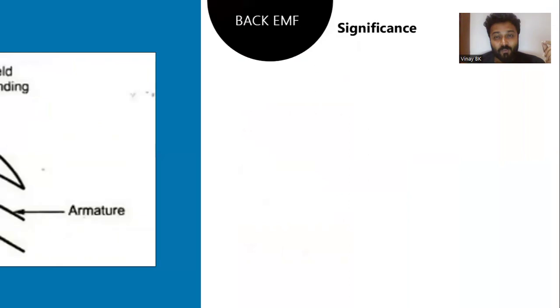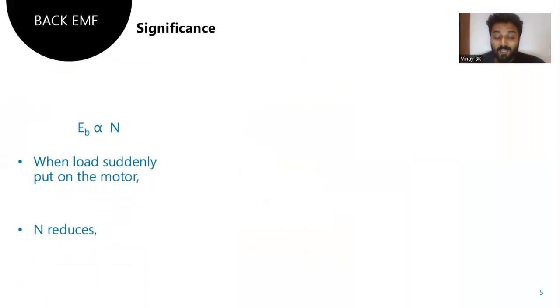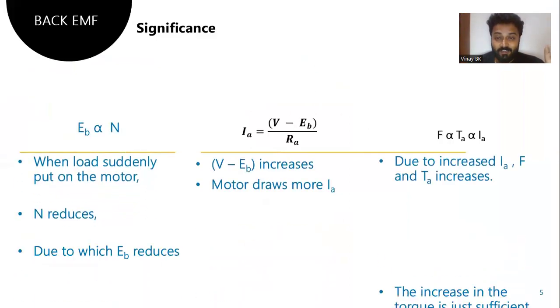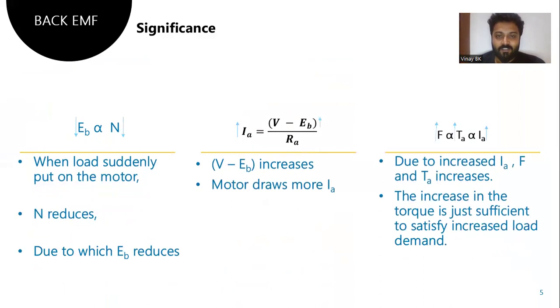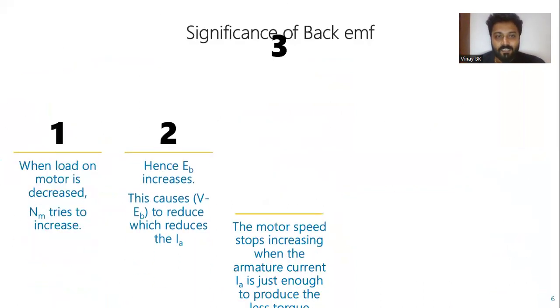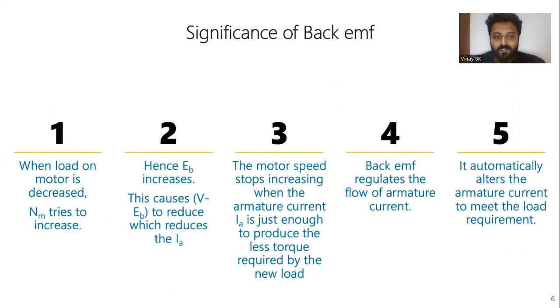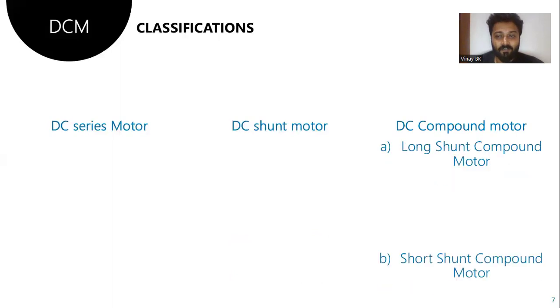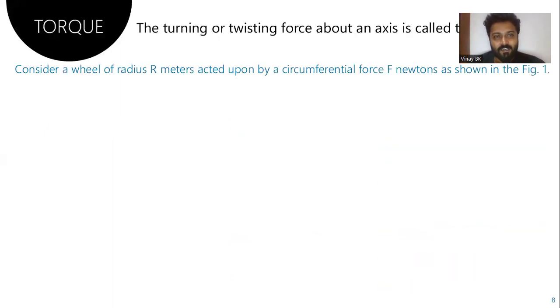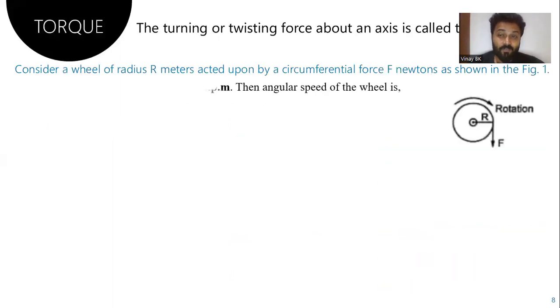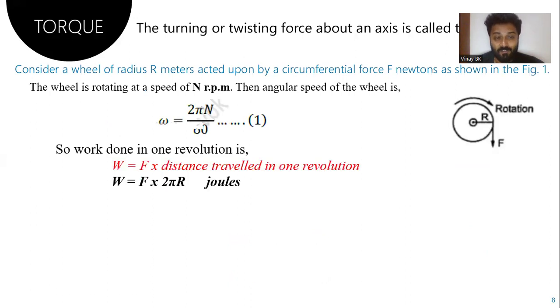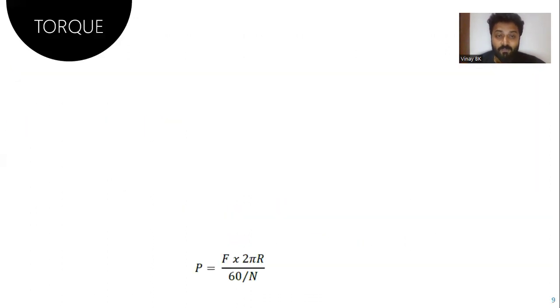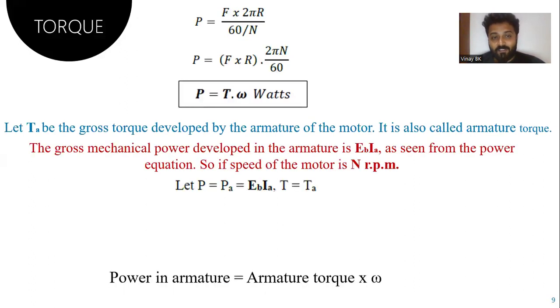Similarly, I explained about the torque equation, back EMF, and its significance. You can easily understand these concepts. Once you understand the significance of back EMF, you can go for the classification of different types of DC motors and also the torque equation, which is very important. We went through all of these in a previous video in my playlist called electric motors.